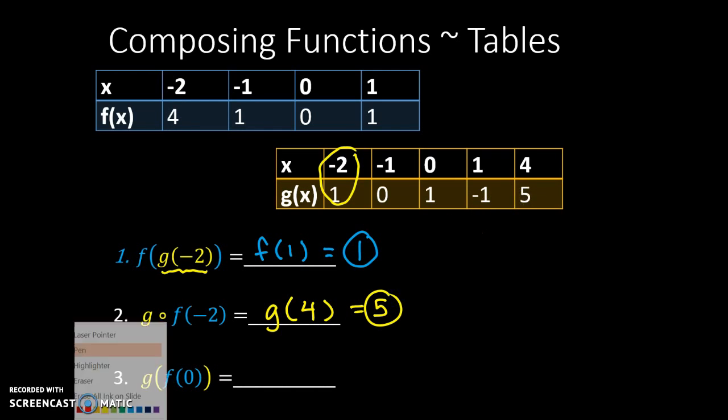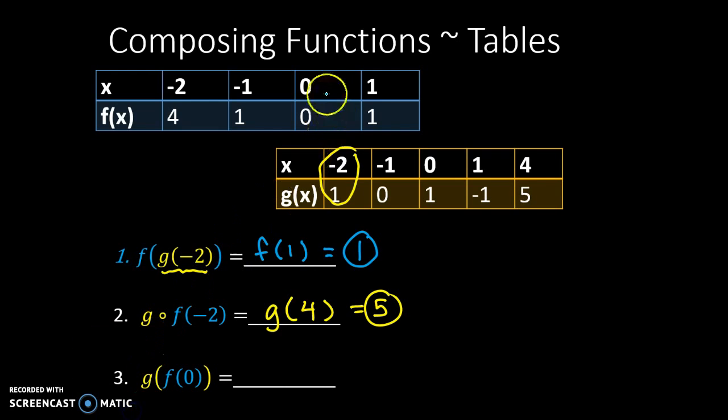And then for number 3, we're finding f of 0 first, so f of 0 is 0, so we're really finding g of 0, which is 1 from the other table. So it's kind of following the money through the tables.